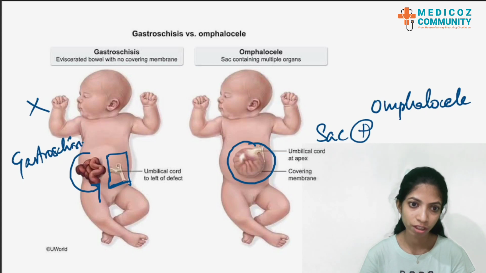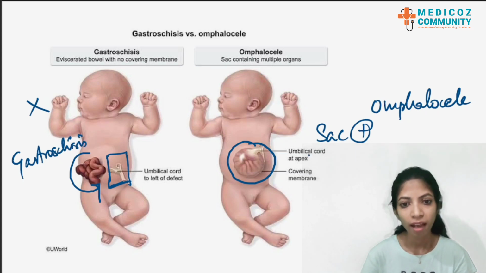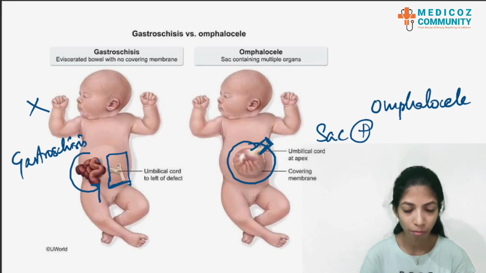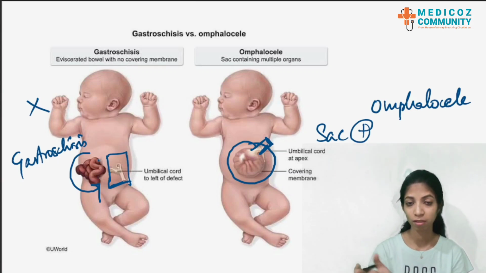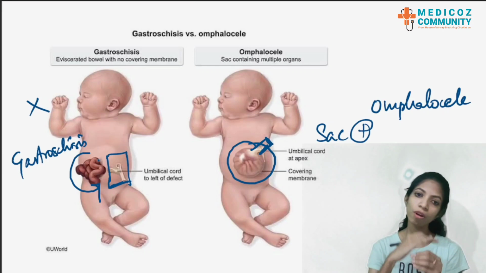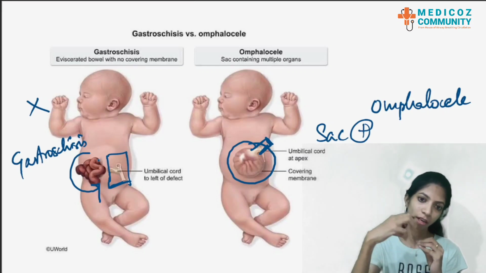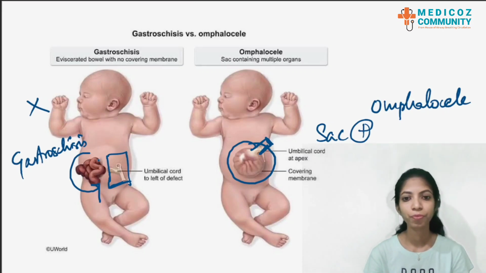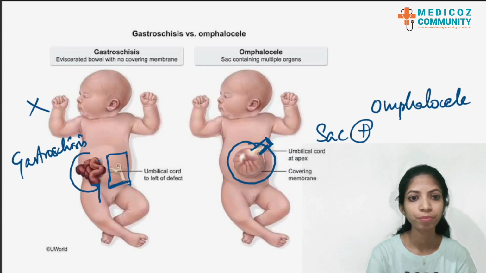You have to differentiate just by the picture also. And as omphalocele has a sac, you can see the umbilicus present at the caudal end. In gastroschisis the umbilicus is seen separately, but in omphalocele it is a single sac coming from the umbilicus only, so the umbilical stump is seen at the caudal end of the sac. That is one more difference.